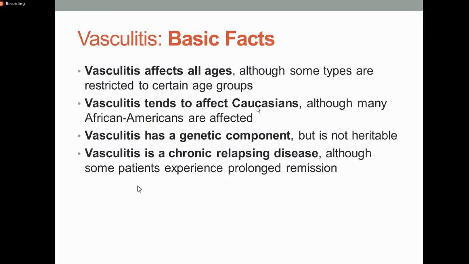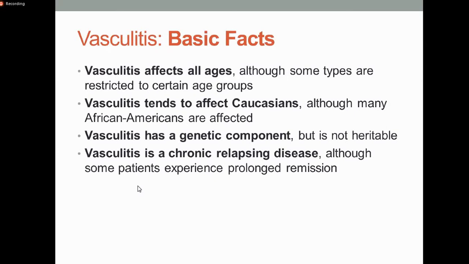Vasculitis tends to affect the Caucasian race more, and many African Americans are also affected. Vasculitis has a genetic component, but it is not inheritable like certain kinds of genetic disorders.